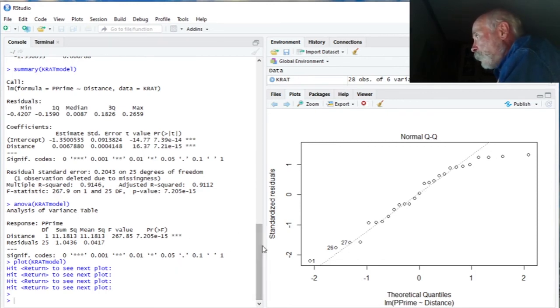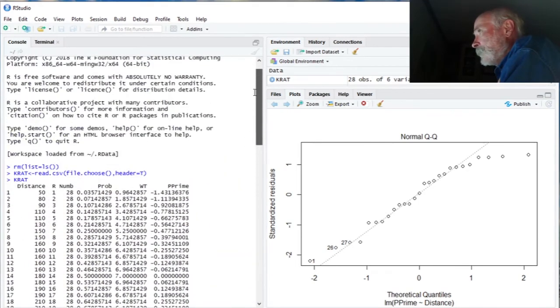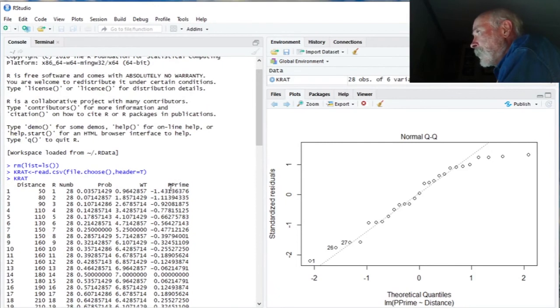The next thing to do, I think, with these data, if you really want to understand where that effective distance is, instead of plotting P prime against distance, we should plot the probabilities against distance, because here you see the probability is 0.5 when we have a distance of 180 meters.